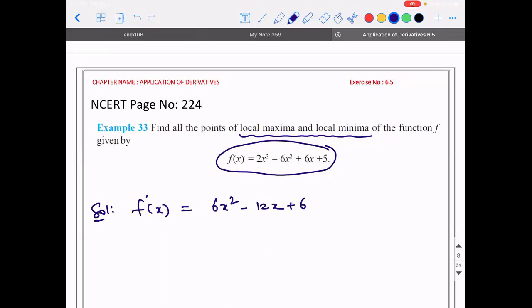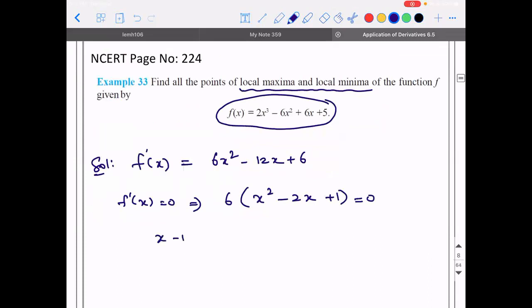Right? So if I equate f dash of x to 0, this implies 6 into x square minus 2x plus 1 is equal to 0. So you will get x minus 1 the whole square is equal to 0, hence x is 1. Right?